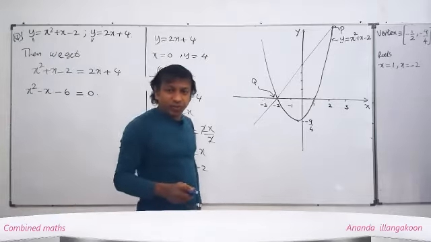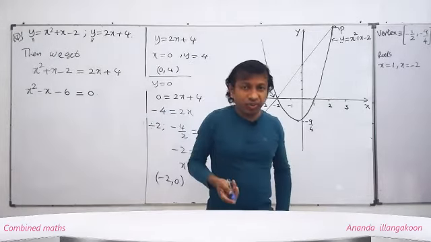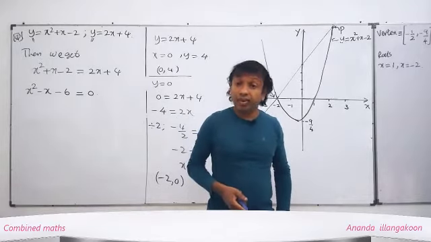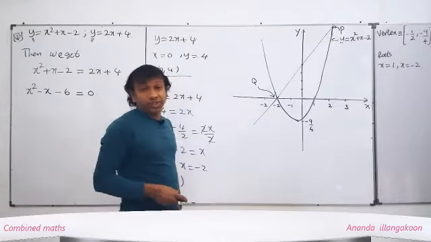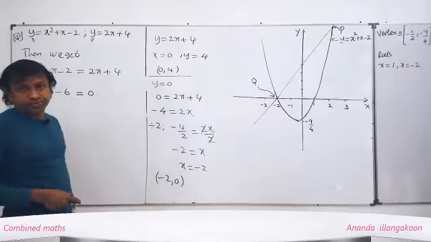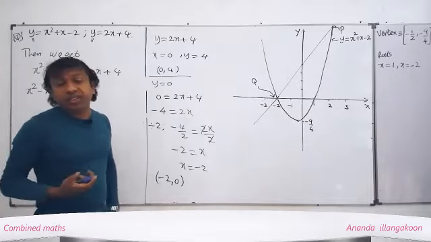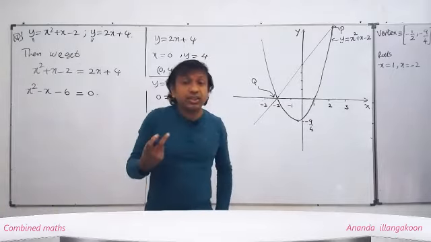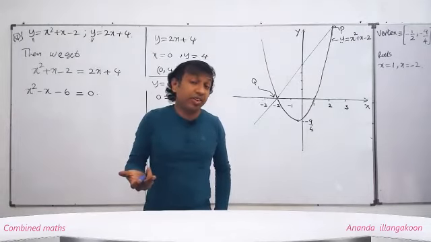Definitely, people, remember this: when we need to find the coordinates at the points of intersection of a quadratic graph and a straight line, we get this kind of quadratic equation. People, you know, for a given quadratic equation, it has roots in 3 ways. We learned that. What are the roots, people?